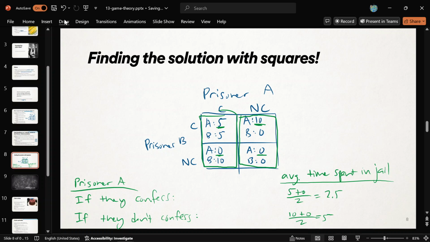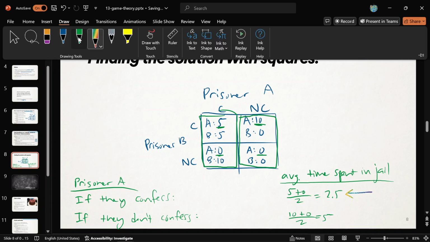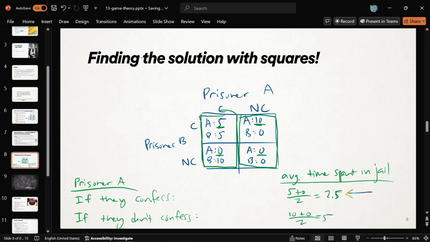And that is why, even though if they could just keep their mouths shut, they'd both walk free, because this is a non-cooperative game, the equilibrium takes us to confessing. Does that make sense? It's very counterintuitive. The best outcome is that they both just don't say anything, but they're both going to confess because of this.